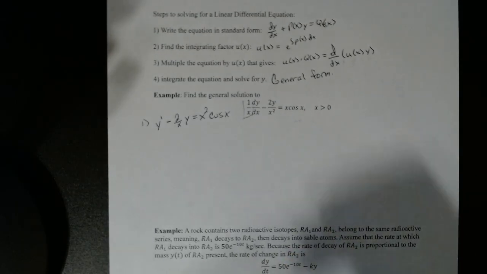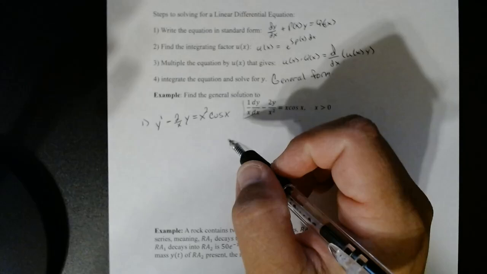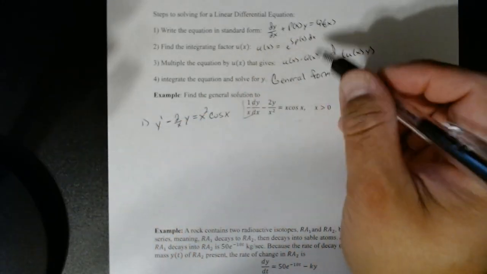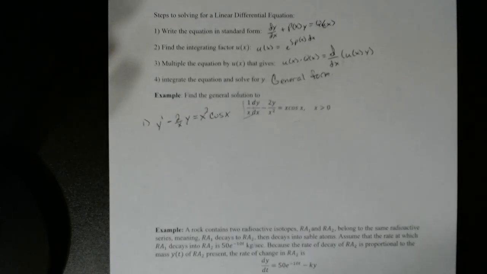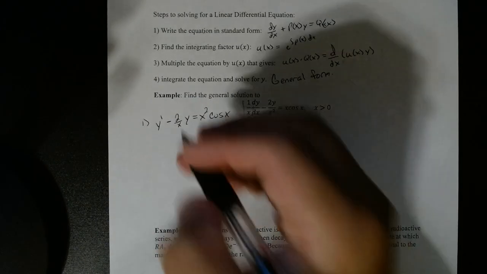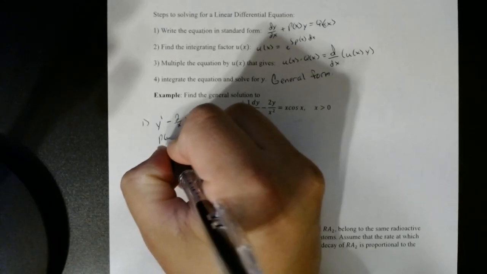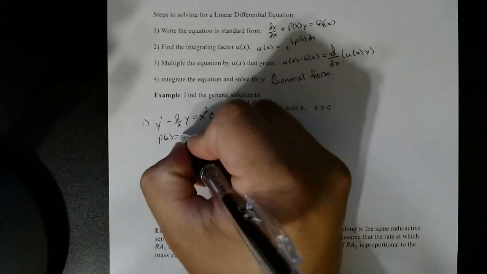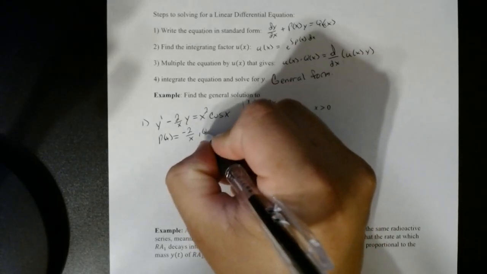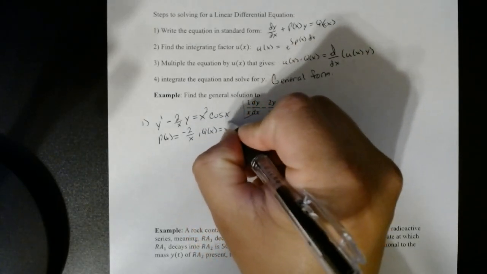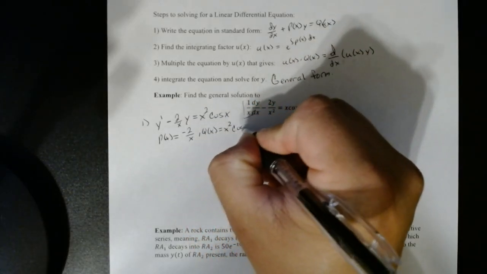Okay, so now step one is done. Got it to that form. And I'm just going to write down what we have because I know I need p of x and q of x everywhere. In this case, p of x is going to equal negative 2 over x, and q of x is x squared cosine x.